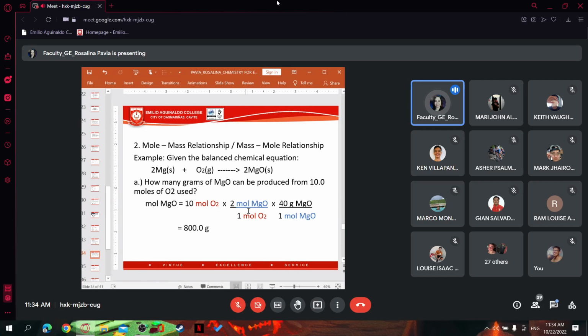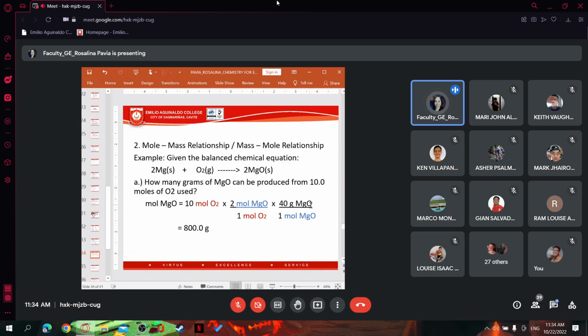Next, how are you going to eliminate mole MgO? Get the molecular mass or molar mass of the compound, or formula mass. So, 16 plus... here the 0.3 was not included. Supposedly, magnesium is 24.3, right?